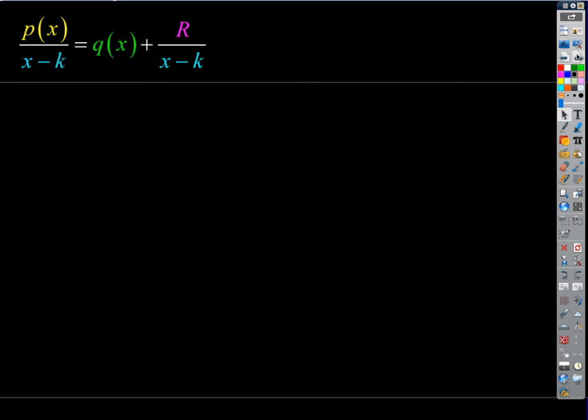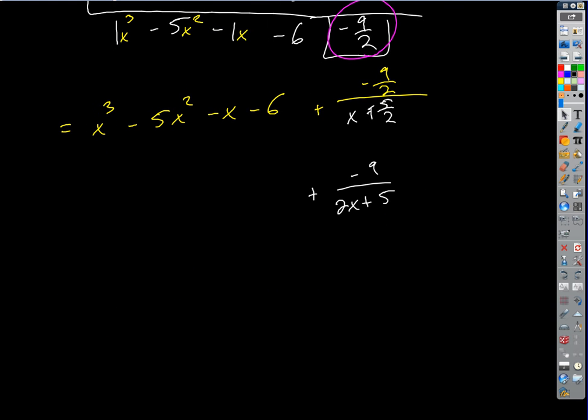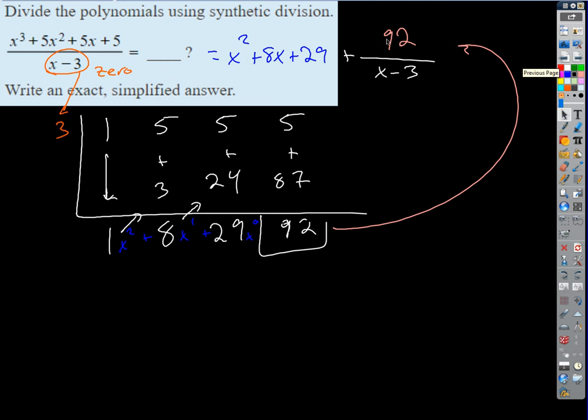What if we divide some polynomial p of x by x minus k? Think what the answer is going to look like. We're going to get some quotient part, the polynomial part of our answer, plus some remainder divided by the original denominator.